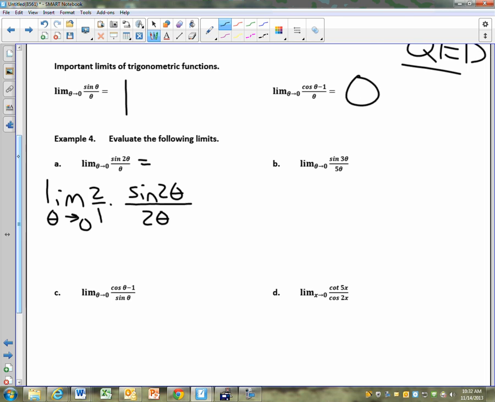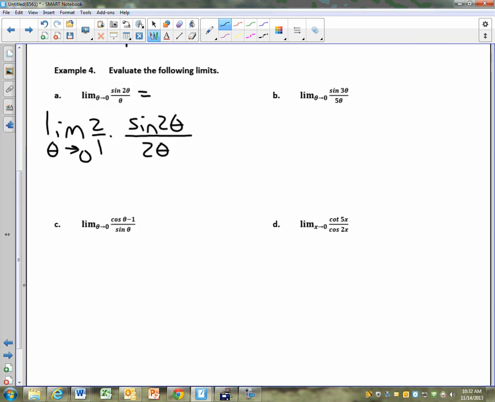Everybody sees that this is still sine of 2 theta over theta, right? The laws of limits allow me to write that 2 out front. So basically this ends up being 2 times the limit as theta goes to 0 of sine of 2 theta over 2 theta.